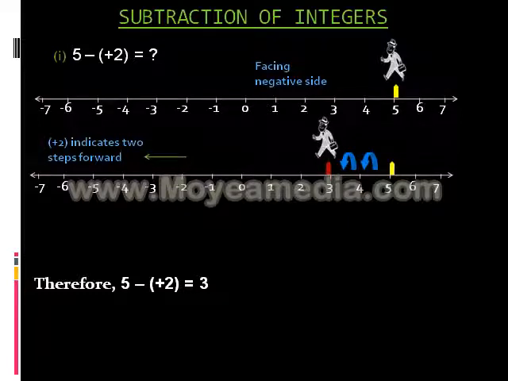So that is the rule, if I may repeat: if you want to subtract, you stand at 5, face the negative side. To subtract a positive number, say 2, you take 2 steps forward, obviously on the negative side. Now, next example, suppose you have to subtract minus 2.